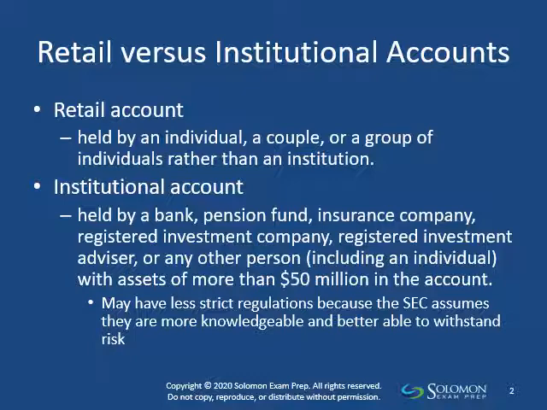So a retail account is an account held by an individual, a couple, or a group of individuals rather than an institution. An institutional account, not surprisingly, is held by an institution. So it might be a bank, a pension fund, an insurance company, a registered investment company, a registered investment advisor, or any other person, including an individual with assets of more than 50 million in the account.